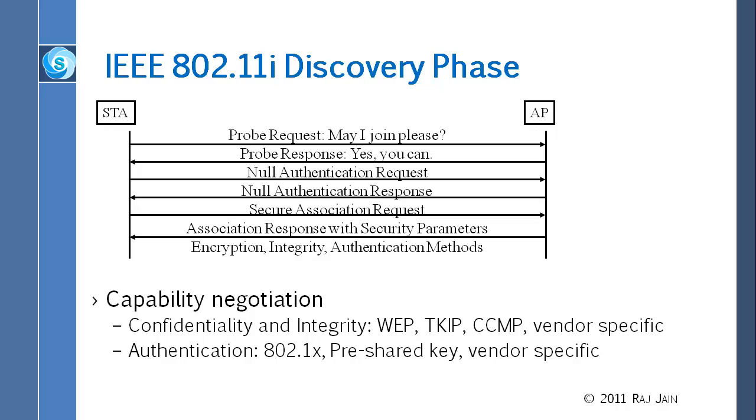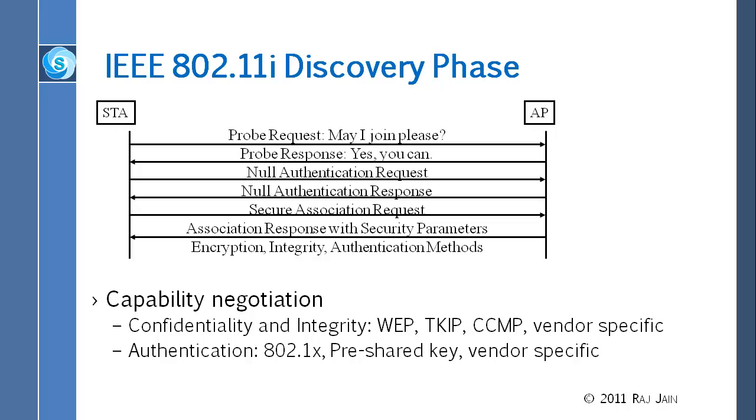Maybe in one of these messages, the STA sends the list, and then in the final message, the access point will send back what it likes. So the final decision is the access point's, not the station's. And that's why I said it's strange, because if the station selected this, then they could really select the weak one, right? And they could play games.